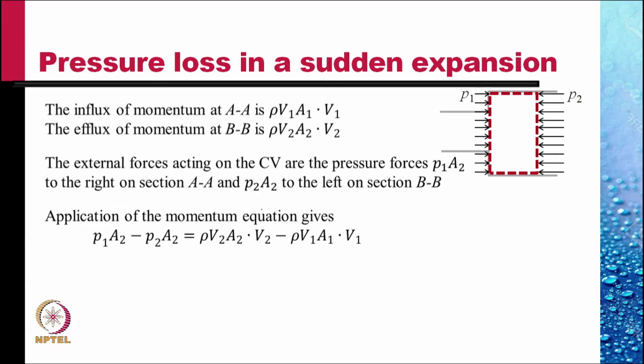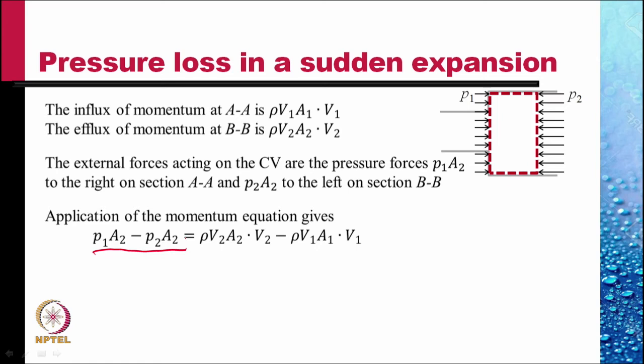The influx of momentum at AA is rho V1A1 into V1, the velocity at V1. The efflux of momentum at BB is rho V2A2 into V2. The net external force P1A2 minus P2A2 is equal to net efflux.